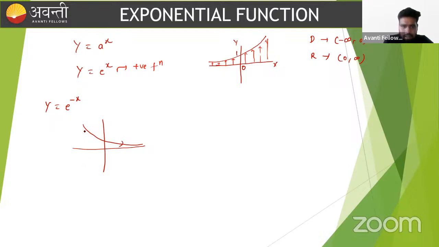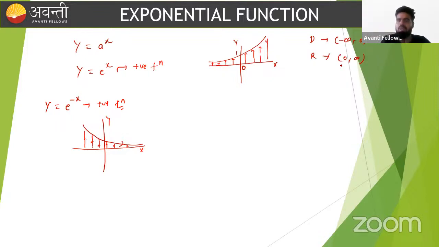Yes or no? And even this graph is always positive because the graph always lies above the x-axis. Any type of graph which lies above the x-axis has positive value. So this is also a positive function. Okay. So can you tell me what is the name of positive function? That exponential function. It can never be negative.